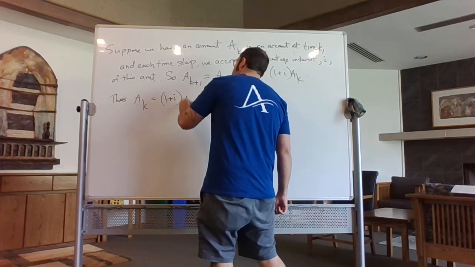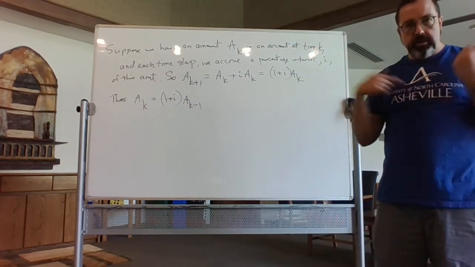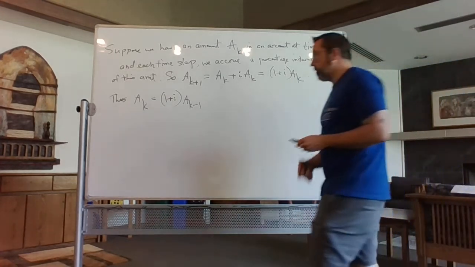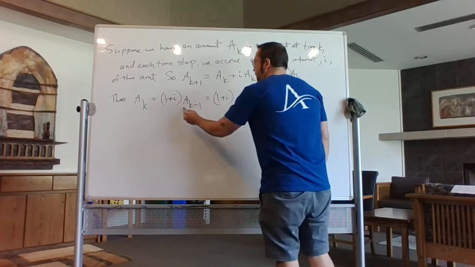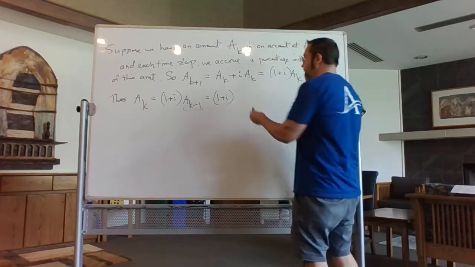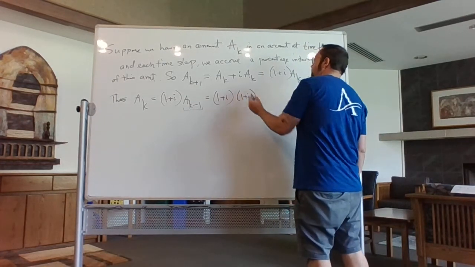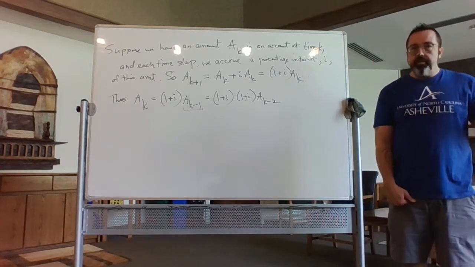But what we just showed is that the amount A sub k is 1 plus I times the amount in the previous time step, A sub k minus 1. Well, A sub k minus 1 itself is the amount at the time step previous to that times 1 plus I, which is 1 plus I times A sub k minus 2.